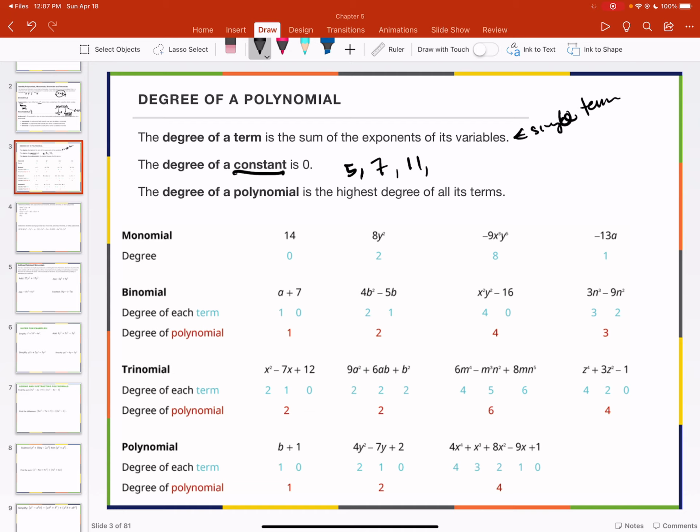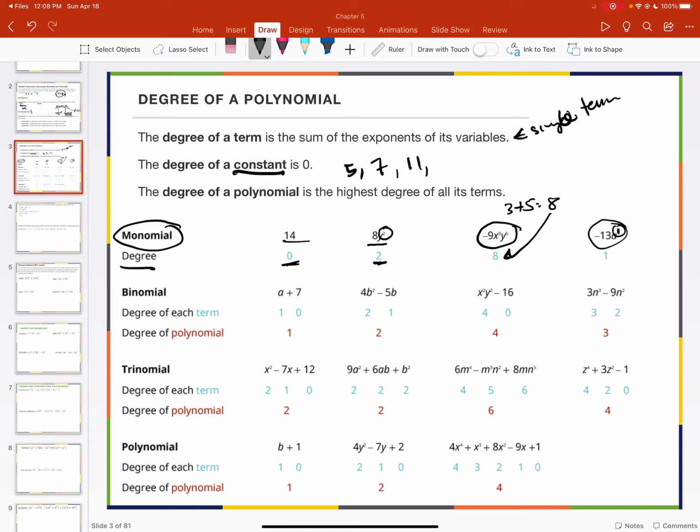And the degree of a polynomial is that you look at all the terms, and the one with the highest degree is the degree of the polynomial. Here are some examples of monomials and their different degrees. For a constant, the degree is 0. Here we have 8y squared. The exponent is 2, so it's degree 2. Here we have 9x cubed y to the 5th, so 3 plus 5 is equal to 8, so the degree is 8. And then negative 13a, the exponent is 1, so that's a degree of 1.